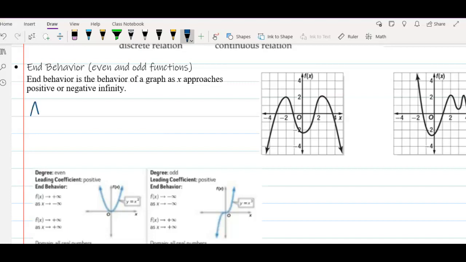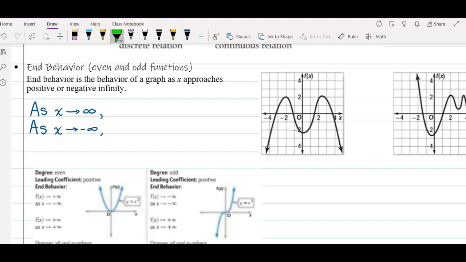The right side we represent as x approaches infinity, but we don't want to write out the word approaches, so we just draw an arrow. For the left side, we're going to write as x approaches, you got it, negative infinity. And now we need to explain what y does as we go to the right.